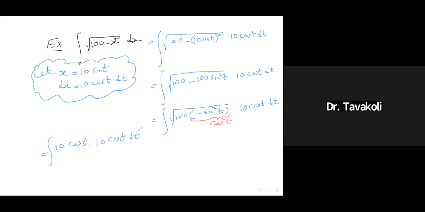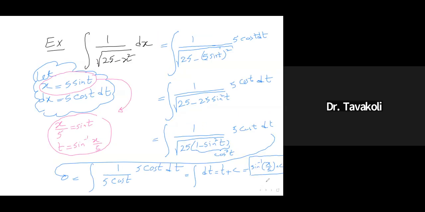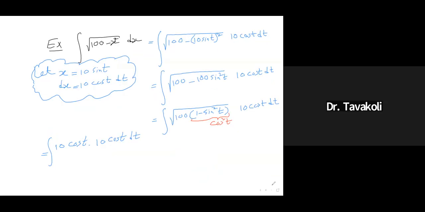In the previous example, we had 5 cosine t on the top and 5 cosine t at the bottom, and they canceled out. The reason this example is not as easy as the previous example is that both of these 10 cosine t's are on the top. First of all, 10 times 10 is 100. Let me pull that out from the integral, and I will have cosine squared of t dt.